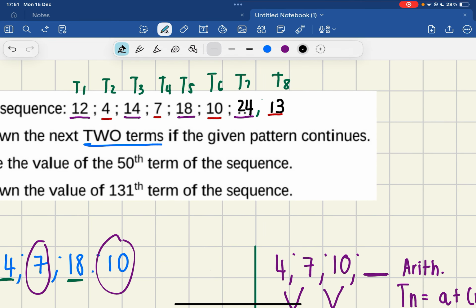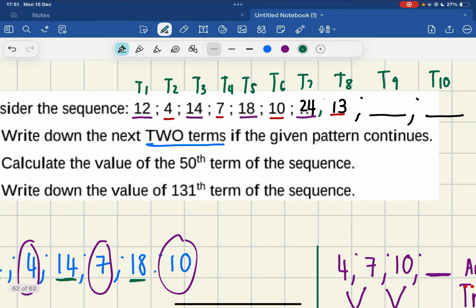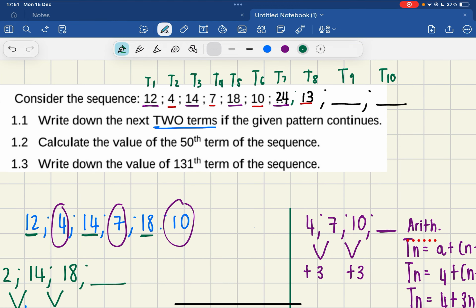After T8, we'd have a T9 and a T10. Remember, when they say the sequence, they always refer to the original sequence that was given to you, not the one where you deciphered that there's a combination of sequences.